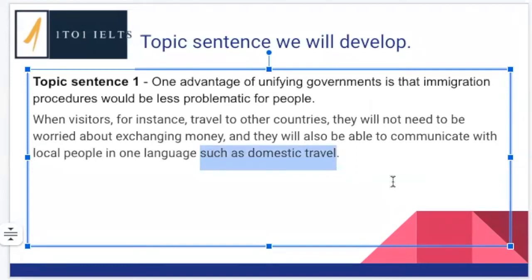Maybe when they travel domestically. So are we trying to talk about a time period here, Ria? So they can talk to local people when, so we use a relative clause, they travel domestically. I think this is what you're trying to say.